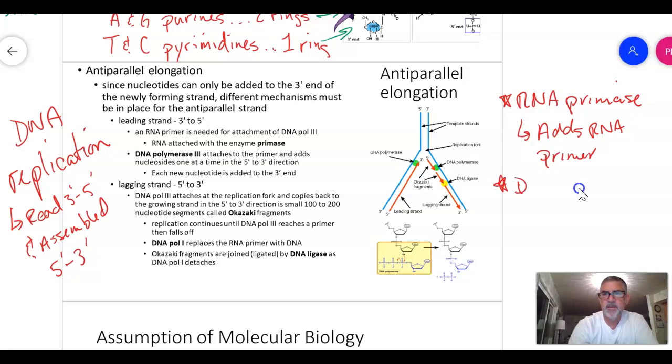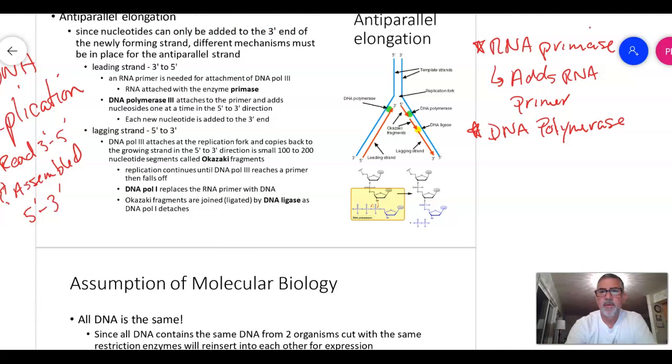We have DNA polymerase, and this adds nucleosides 3' to 5'.